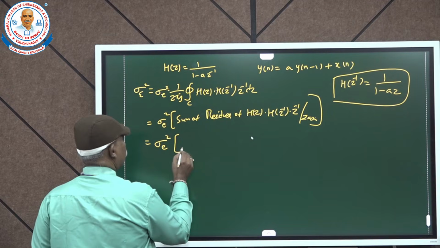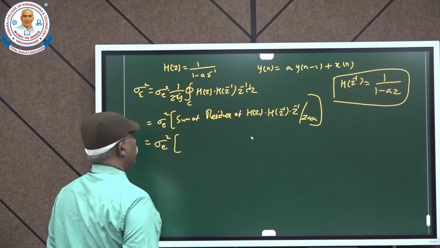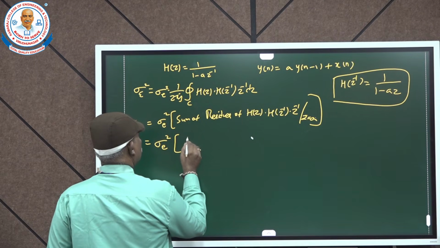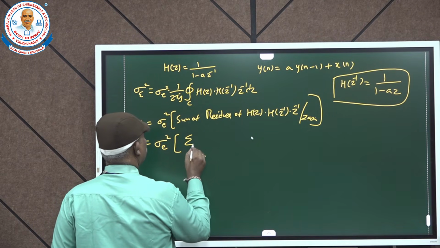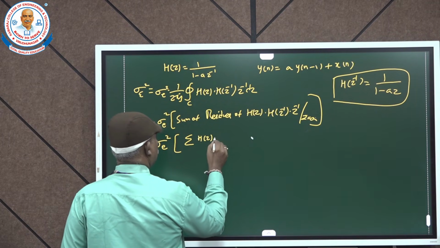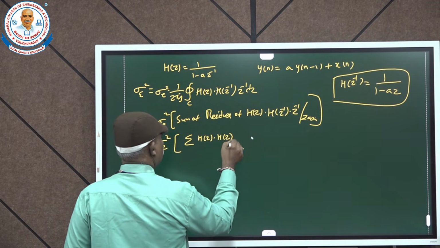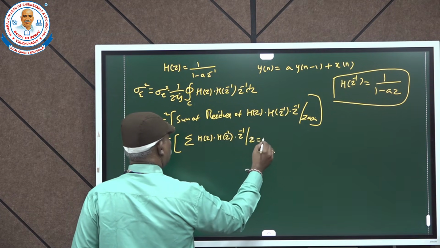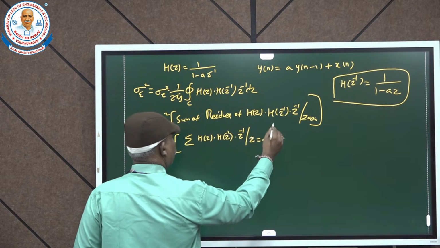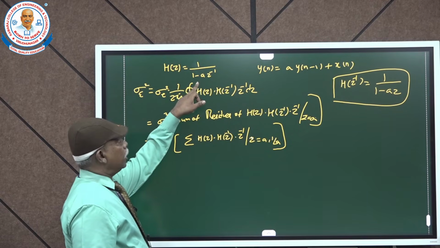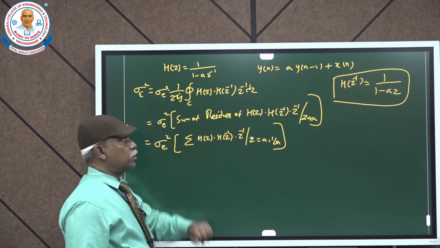Sigma e square is the sum of the residues. Now, the sum of the residues means H of z into H of z inverse times z inverse, at z equal to a and 1 by a. There are two residues because the denominator 1 minus a z inverse is equal to 0.